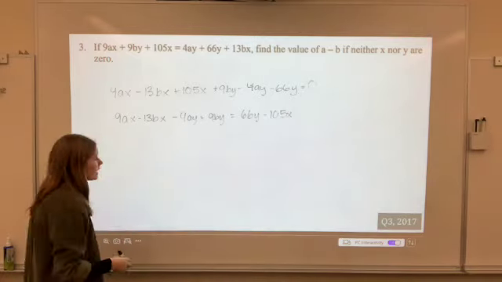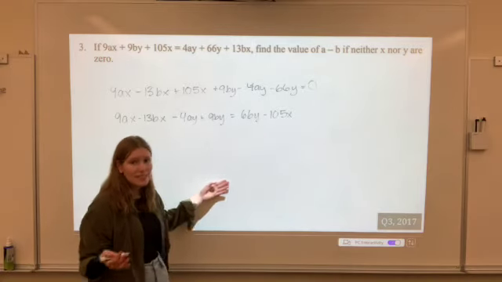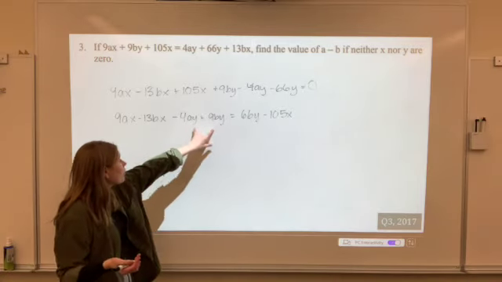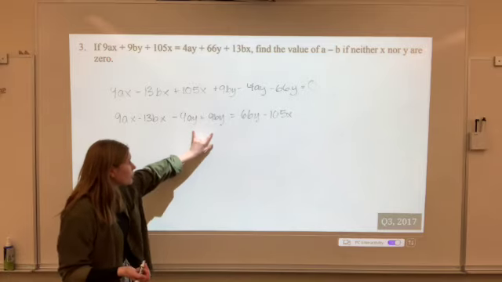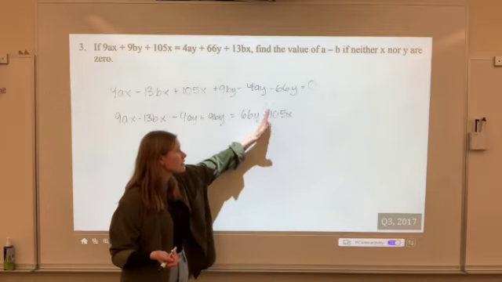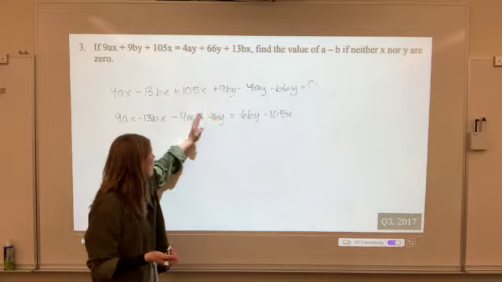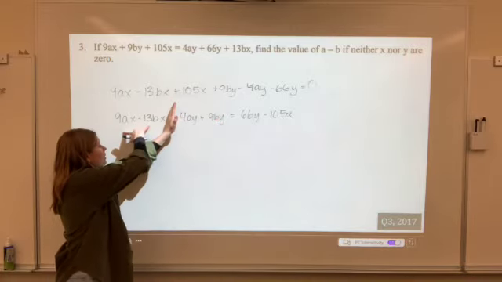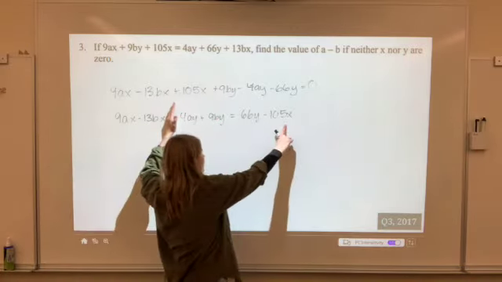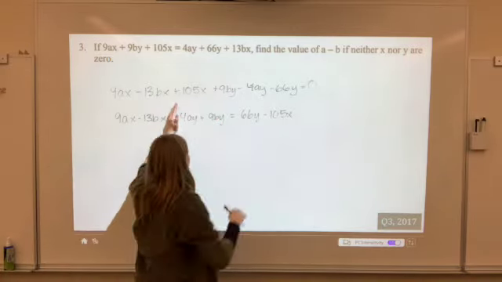Now, if you look at this, we have x terms and an x term over here. Well, if x isn't 0, then we know that these terms could not contribute to this x term over here. So only these x terms are going to add together to get our x term over here. Same goes for the y term.